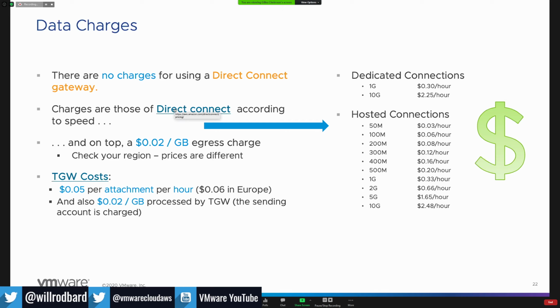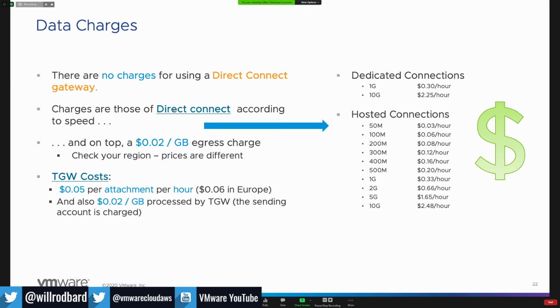Transit gateway also costs money. Okay, transit gateway is not cheap. It costs 5 cents per attachment per hour. So if I have 1,000 VPCs attached, it's going to be 1,000 times 5 cents per attachment per hour. And in Europe it's 6 cents, apart from Dublin. On top of that, you are also paying 2 cents per gig that is processed by the transit gateway.